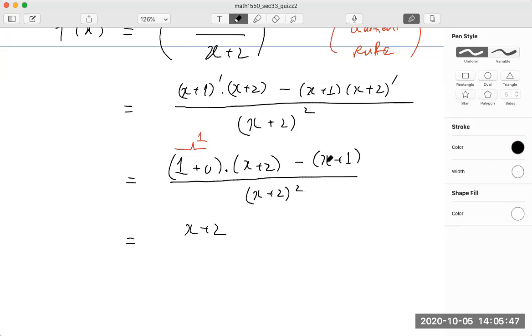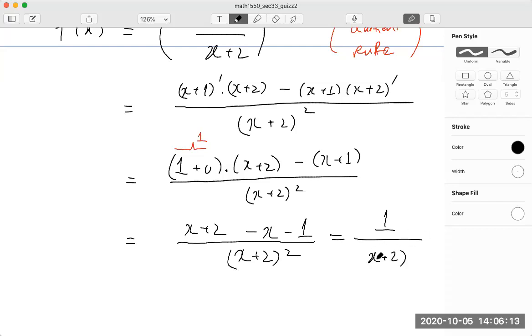And this guy, yes, divided by the same denominator. Okay. So now the numerator, we can simplify it further. And what do we have here? Perfect. 1 divided by x plus 2 squared. This is the derivative at any point x of this function.